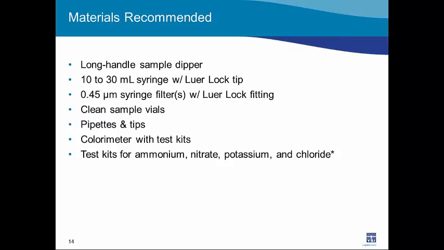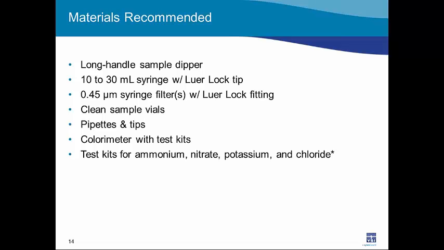So with that in mind, I'm going to discuss how to properly do a matrix adjustment. Some of the materials you'll need include a long-handled sample dipper, 10 to 30 mL syringes with luer lock tip, and this is important, you need 0.45 micron syringe filters with luer lock fitting.